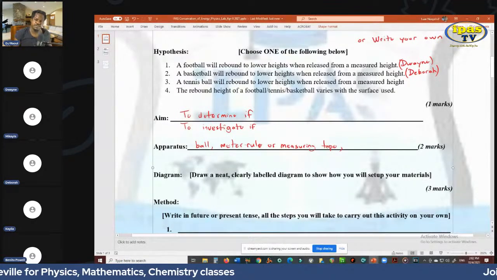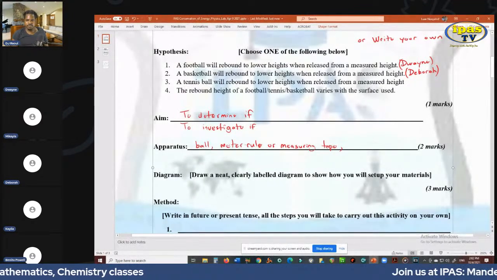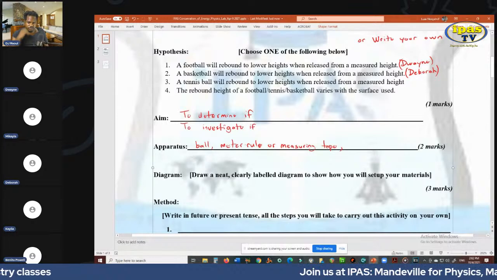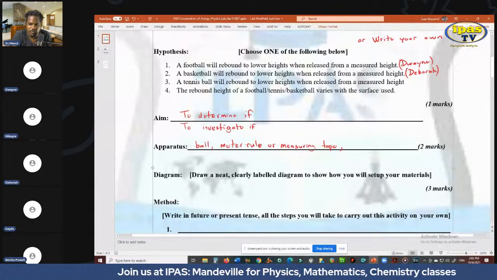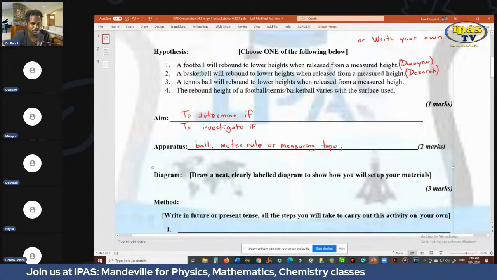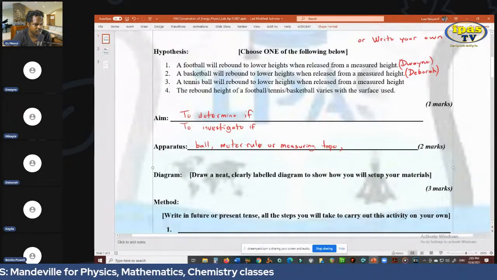Then my question to you is that you have a ball and you have a measuring tape. How are you going to measure the rebound height? How are you going to know where to measure for the rebound? Yes, go ahead, Deborah.